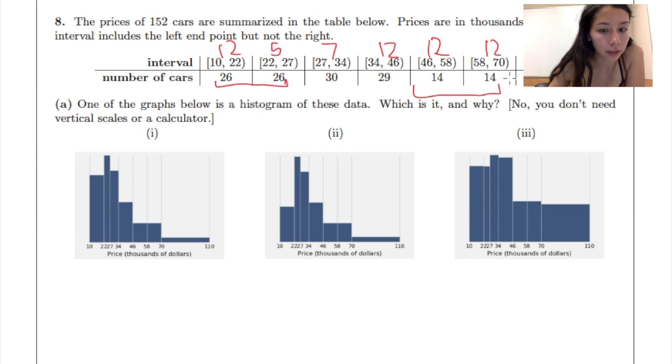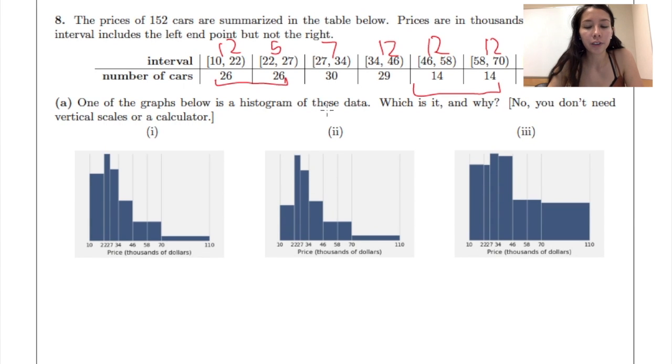But in this case, the intervals are different, so we're going to be seeing different heights for those. So immediately, I am going to be looking at these histogram options, and the first one that I can immediately just get rid of is going to be number 3, because I see that even though these intervals are very different and they have the same number of cars, they're almost exactly the same height, so I know that's obviously not going to be the right answer.